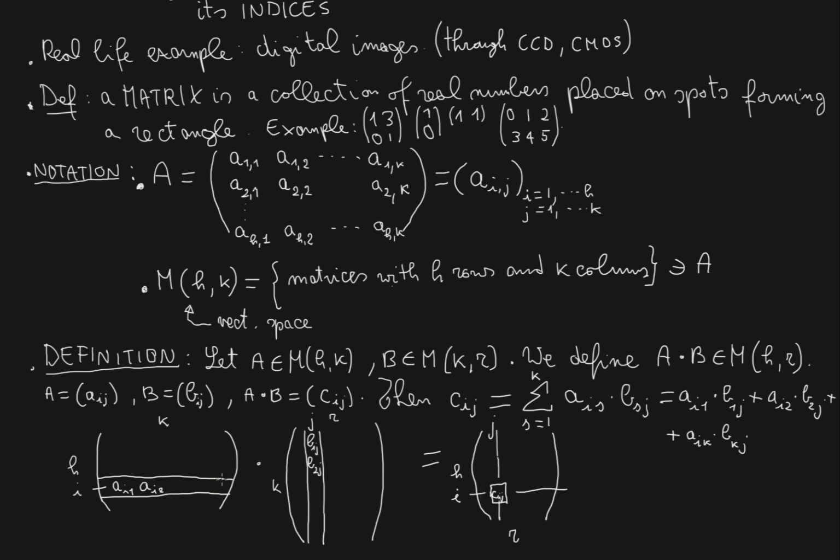Graphically this corresponds to the last coefficient of the row, aik, times the last coefficient of the column of B, bkj. This is the description of the product matrix A times B.